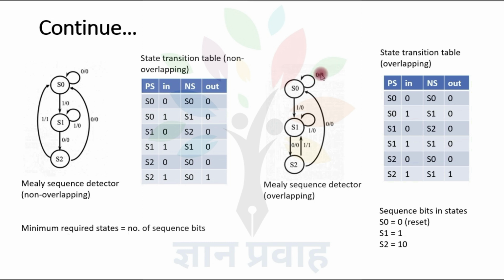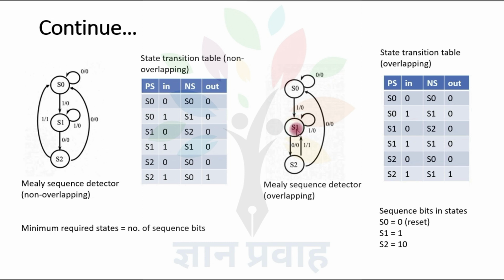So 0/0, input 0, output 0. At the reset state, when input bit 1 is coming, then we will move to the next state because it is in the order of our desired sequence, that is 101. The first bit of this sequence is detected here. So the next state is S1.